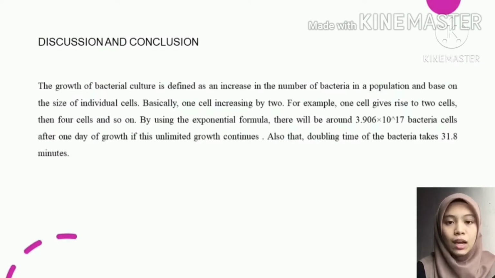For example, one cell gives rise to 2 cells, then 4, and so on. By using the exponential formula, there will be around 3.906 times 10 to the power of 17 bacteria cells after 1 day of growth if this unlimited growth continues. Also, the doubling time is 31.8 minutes.